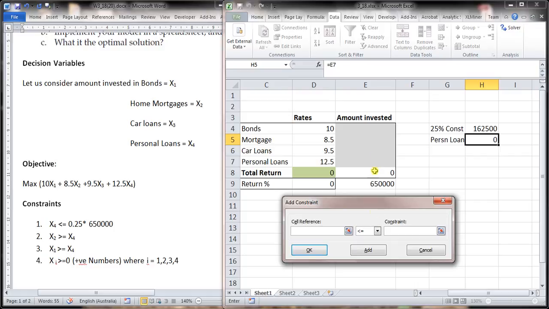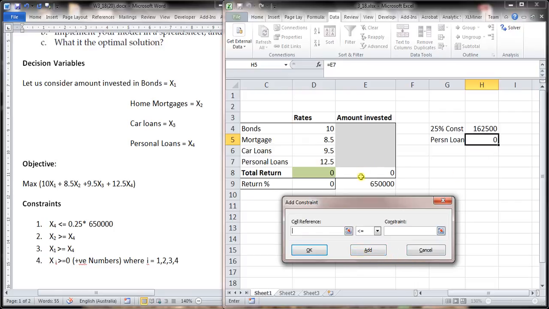And x2, that is home mortgage, should be greater than or equal to the personal loans, and x1, the amount in bonds, should be greater than or equal to the personal loans.